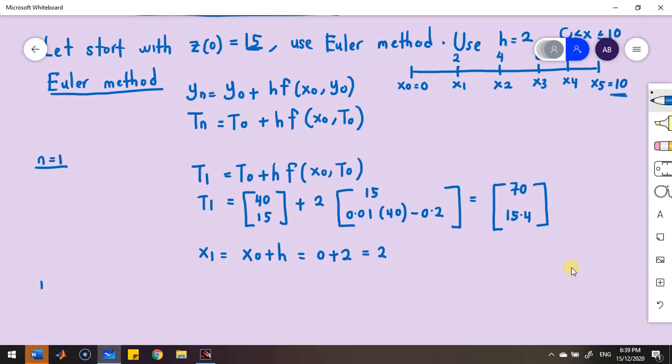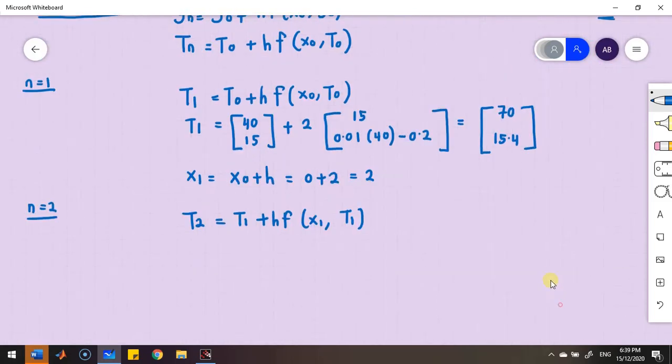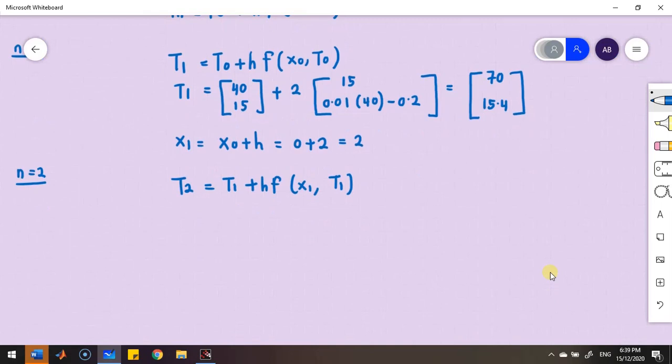Continue. For n equals 2, I have T2 equals T1 plus h f of x1, T1. So what do I have? T1 is 70, 15.4, plus 2.